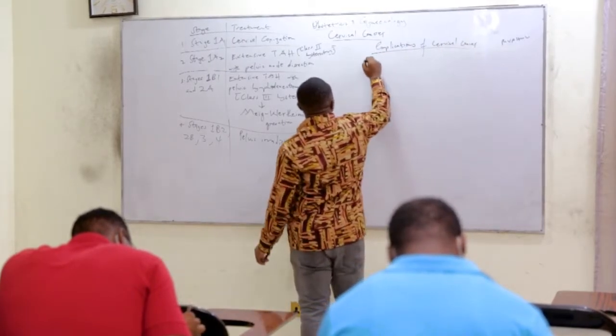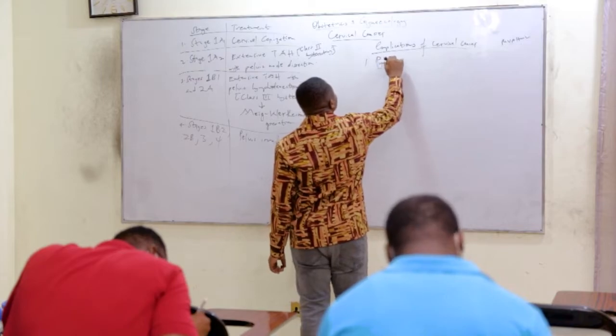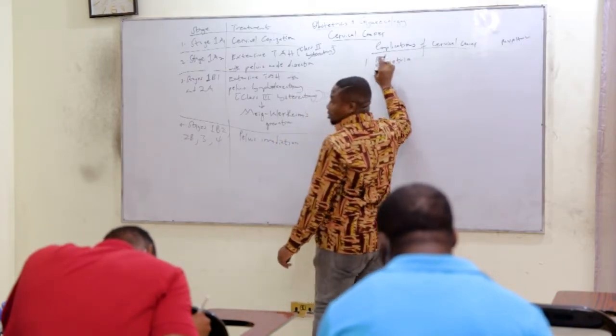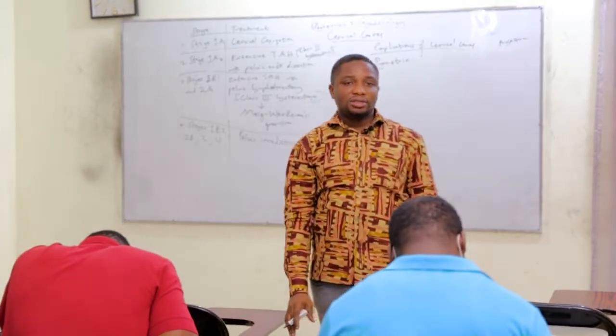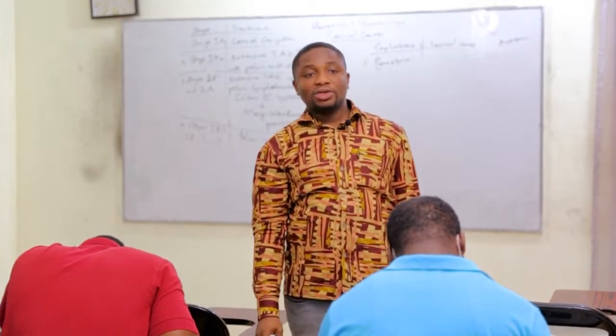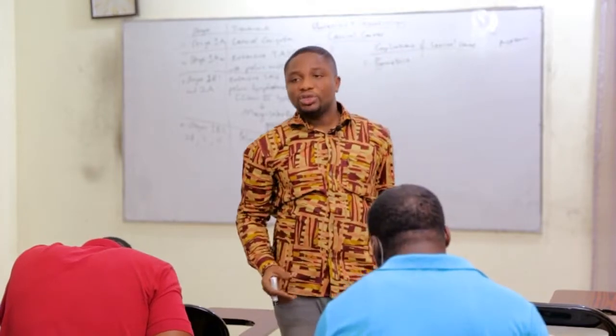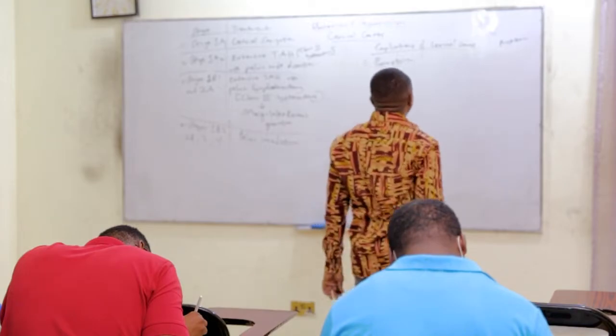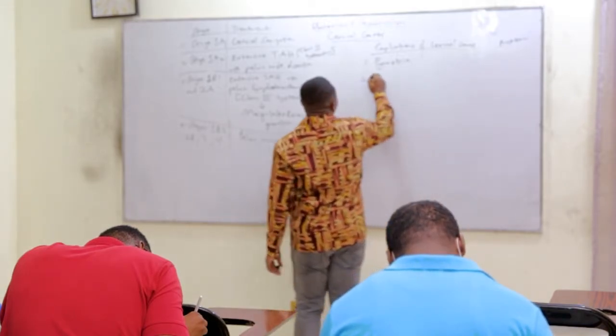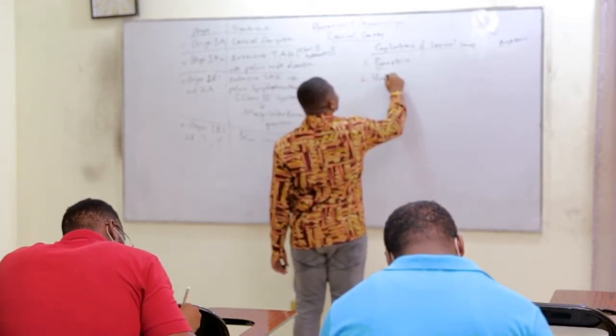The first one, pyometra. You know what that means? Pyometra in the endometrium. There will be infection, which will lead to the formation of infected fluid, which you call pus. All right, pyometra.